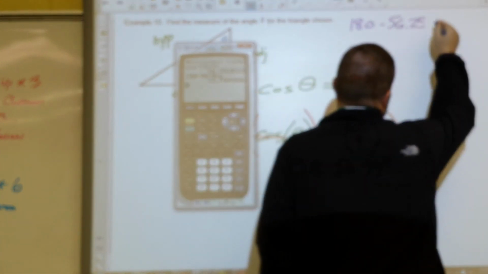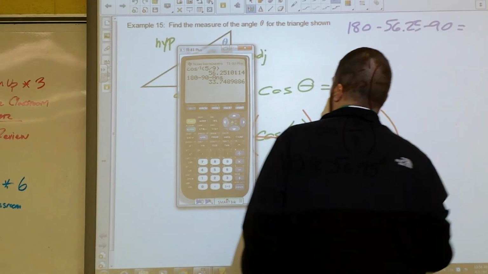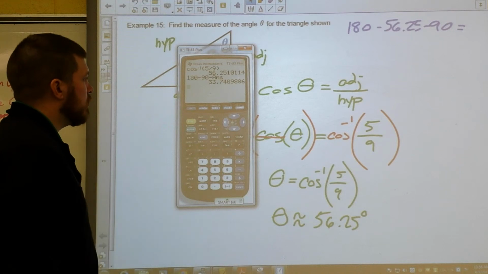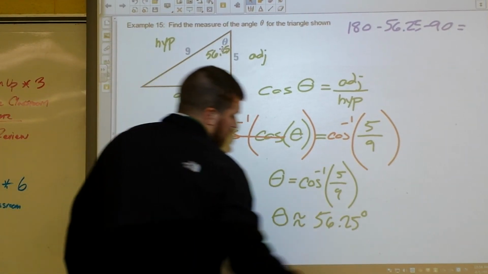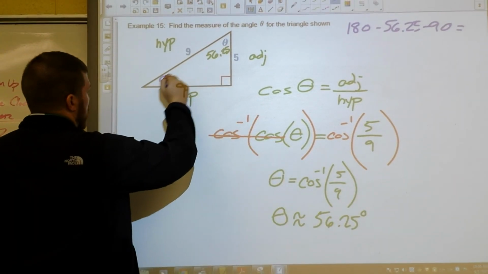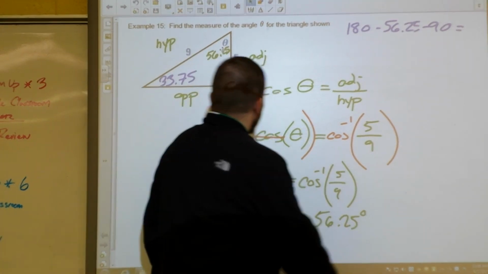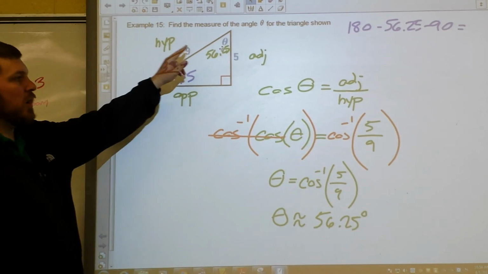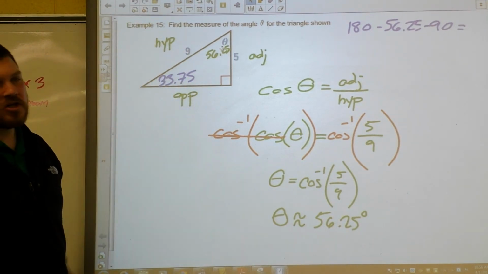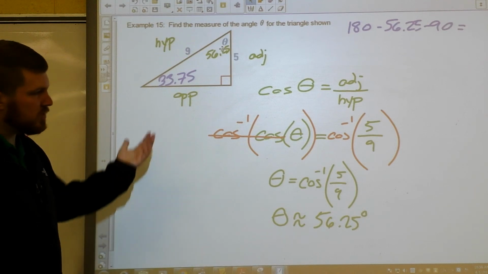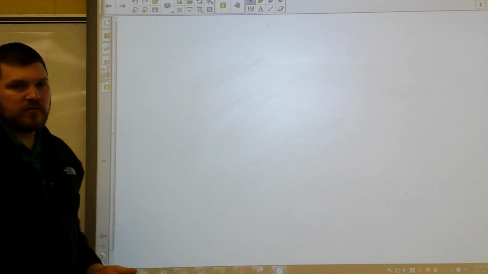That's important. That's my fault. Okay, so I did it in my calculator, and I get approximately 33.75. Okay, so I went ahead and found the other angle as well. The question in example 15 didn't ask for that, but I was like, hey, it's not too hard. Let's do it. And that's it for this video.